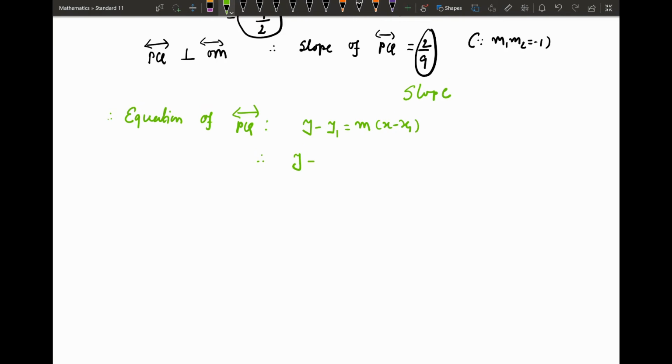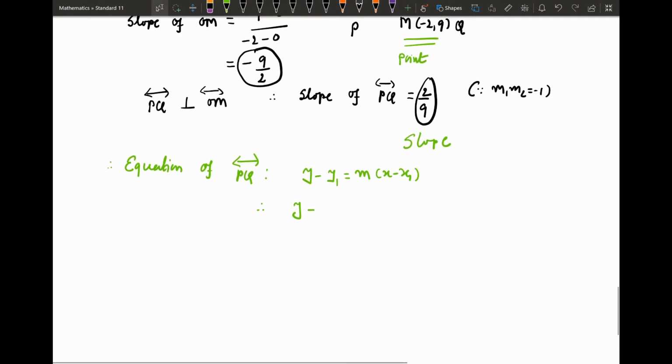The point is x1 comma y1, minus 2 comma 9, so y minus 9 equals 2 by 9 into x minus minus 2, that is plus 2, because x1 is negative.